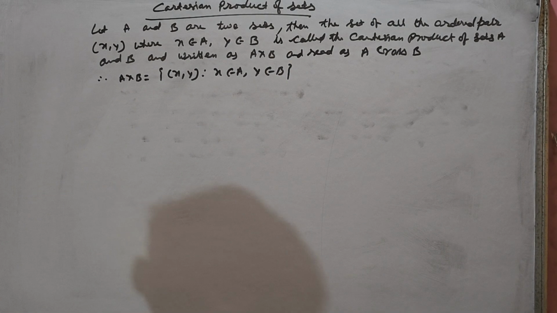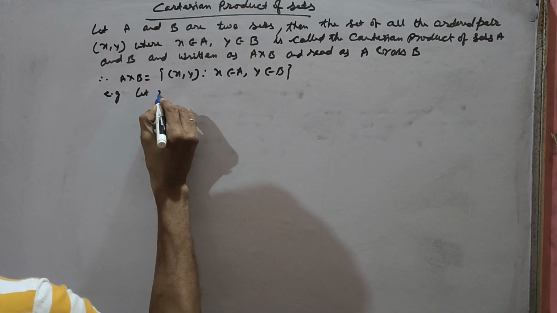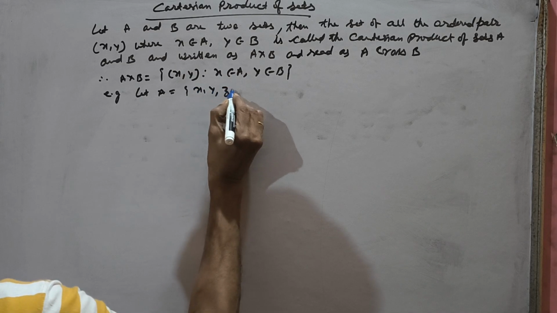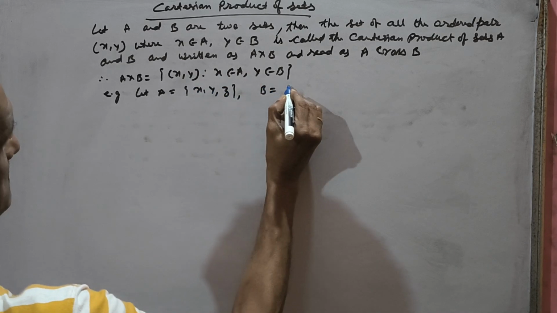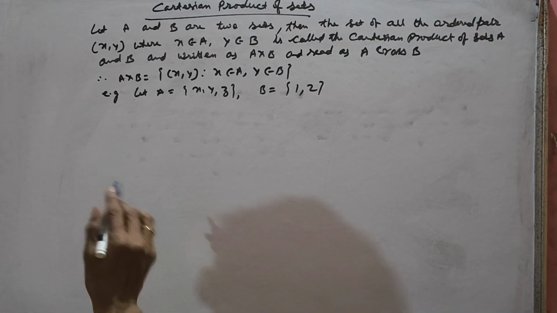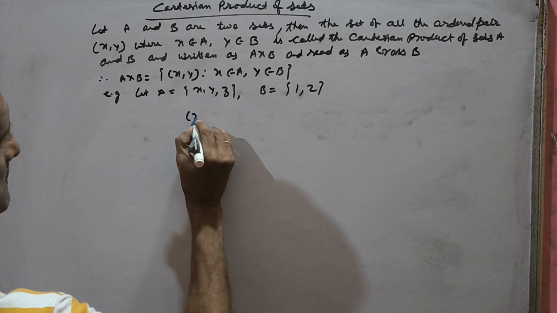Okay. Now let us take an example. Let A be a set with the elements x, y, z, and B be a set with the elements, anything you can take, say 1 and 2. Then form the ordered pairs. Make it serially now.